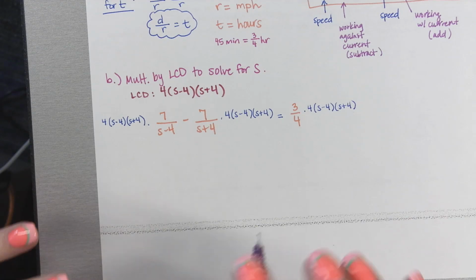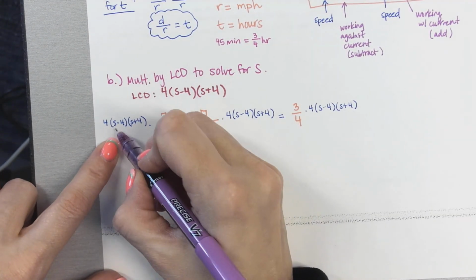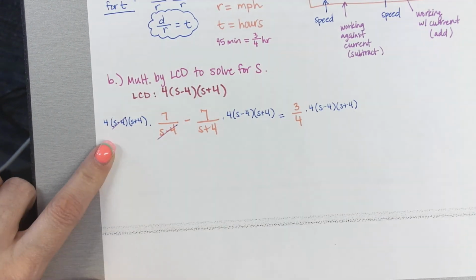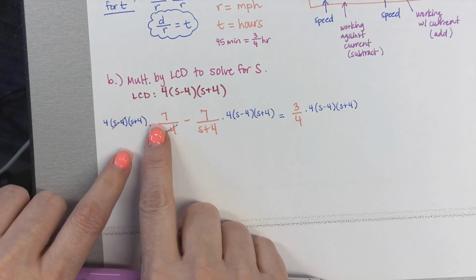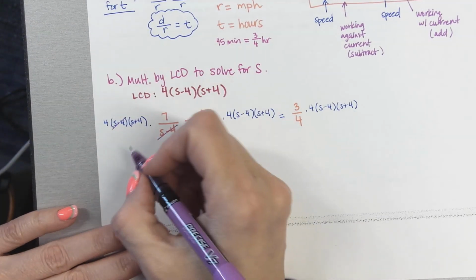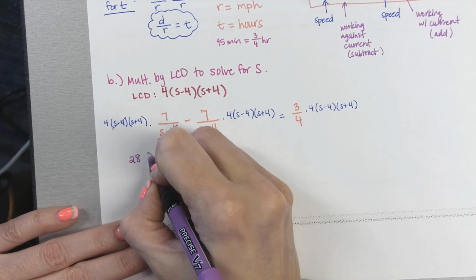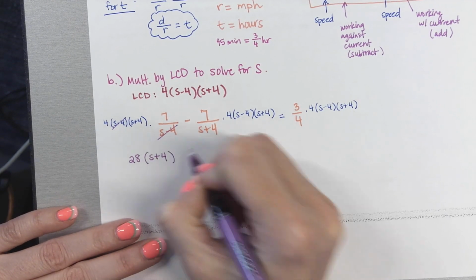Alright, so then when you're ready to multiply, if you have it written out like me, you can cancel out s minus 4 and s minus 4, and then notice what you have left. You have 7 times 4, which is 28, times s plus 4.